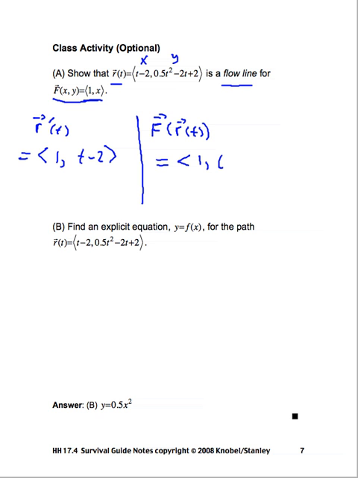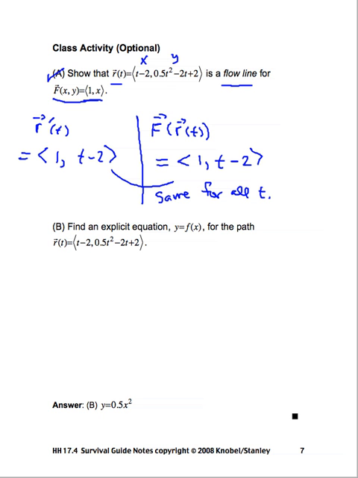So 1 comma x is 1 comma t minus 2. And you can see that these are the same for all t values. So indeed, r of t is a flow line for f. So that shows that this path is a flow line for this vector field.